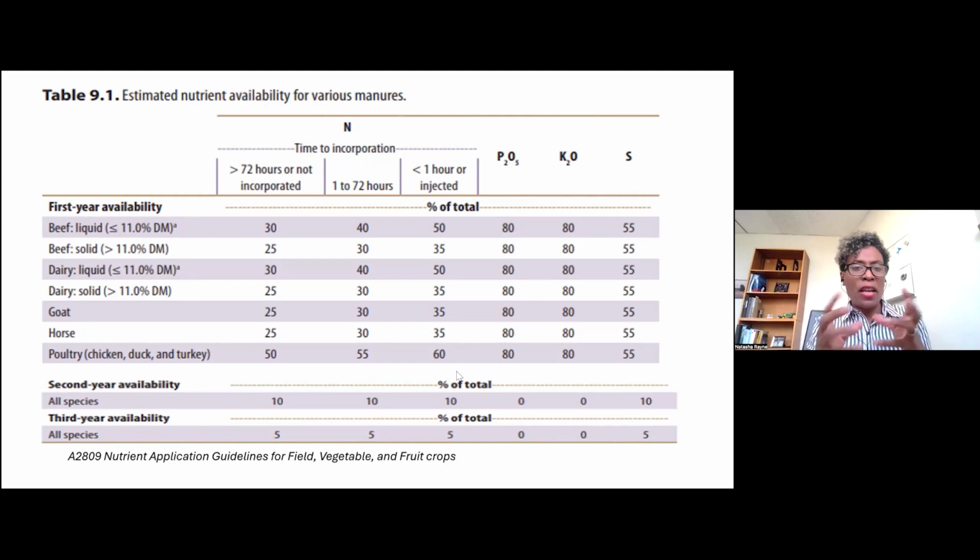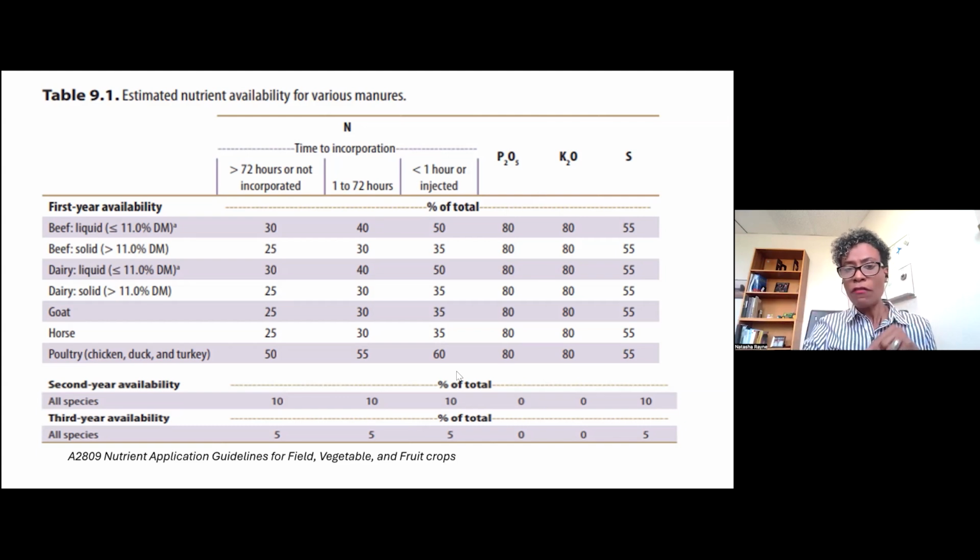Okay, that is an availability index, if you will, right? It's a percentage. 25% is going to be available in that first year. Now, here's what I want you to know: that 25%, that includes both the ammonium that is not lost and the mineralization rate. Okay, I want you to understand that.